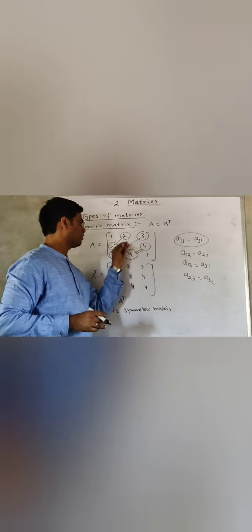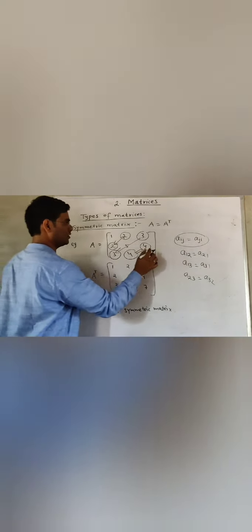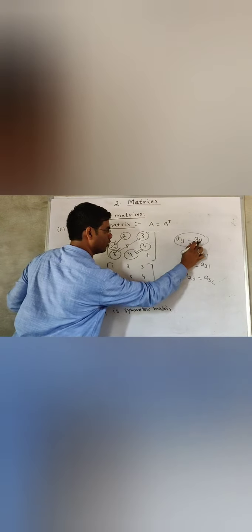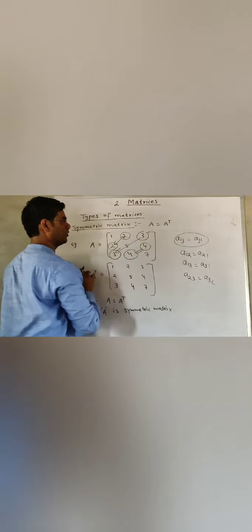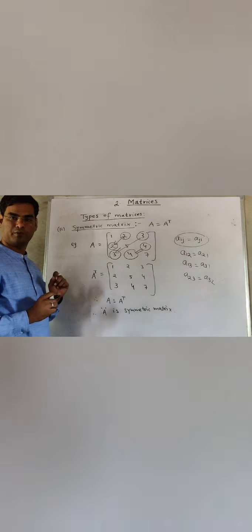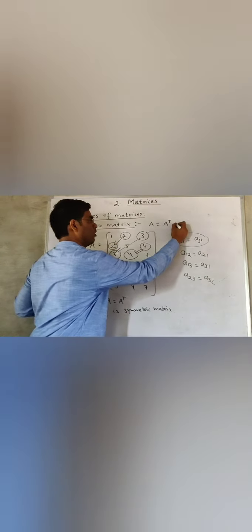On the diagonal you can put any numbers, like 1, 5, 7, 3, 2. But in a symmetric matrix, Aij is always equal to Aji. That means A equal to A transpose. So a symmetric matrix is a type of square matrix in which A equal to A transpose or Aij equal to Aji.